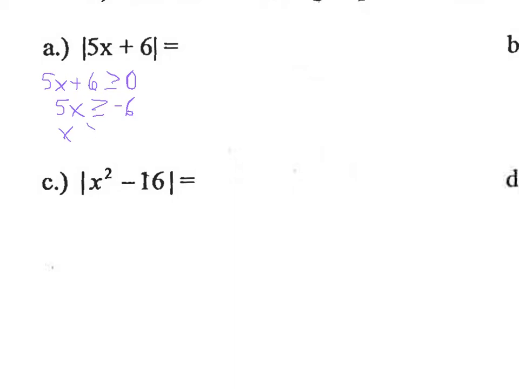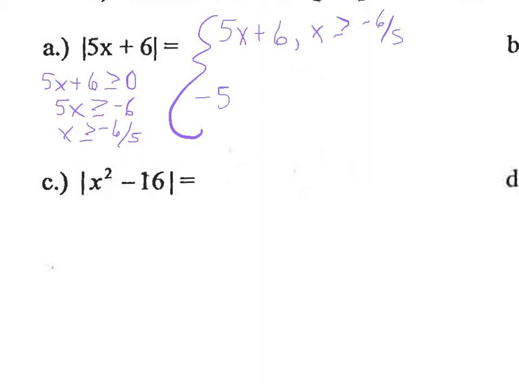So I know that x is greater than or equal to -6/5. So my absolute value will equal the original as long as x is greater than or equal to -6/5, and it will equal the opposite when x is strictly less than -6/5.